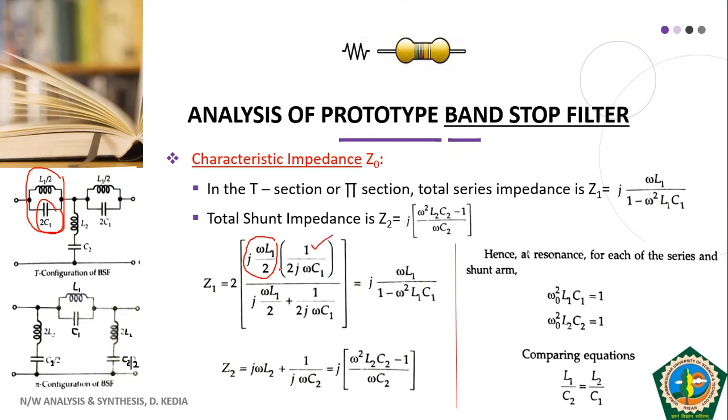We know if we have two impedances in parallel, the equivalent is R1 into R2 divided by R1 plus R2. The same logic has been applied here. So we have j omega L1 by 2 into 1 by 2j omega C1 divided by j omega L1 by 2 plus 1 by 2j omega C1. And if you solve this, you get this. So this is our Z1.